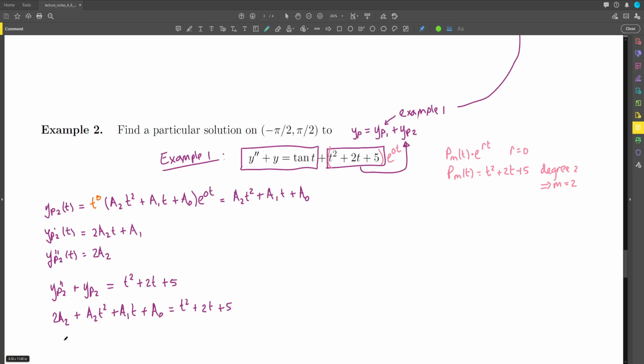Now let's make the right-hand side equal to 0. So we're going to subtract t squared from both sides, and what we get then is a2 minus 1 times t squared.